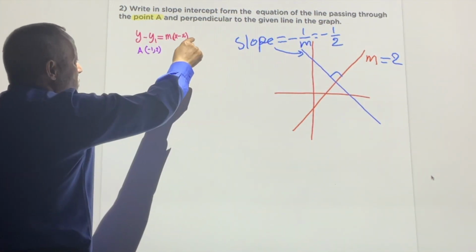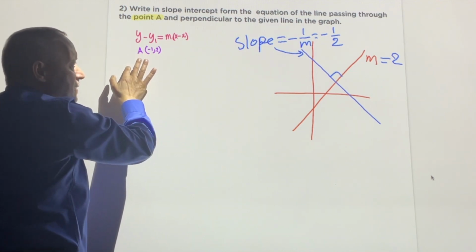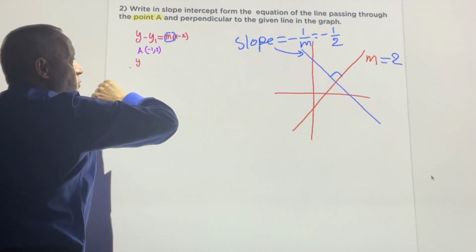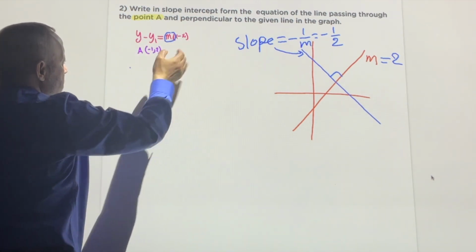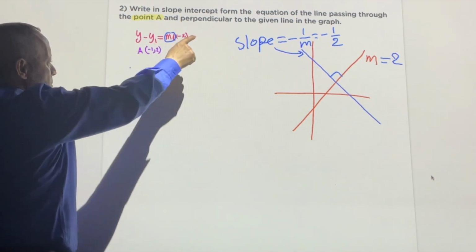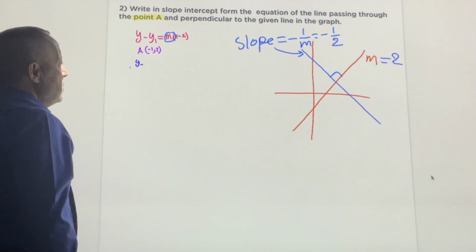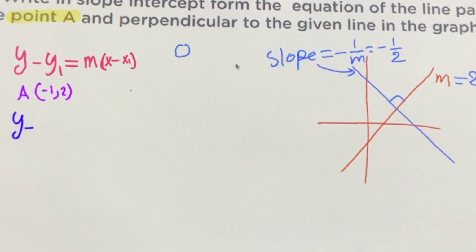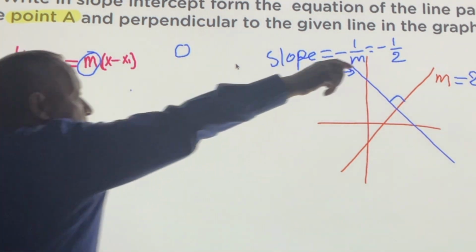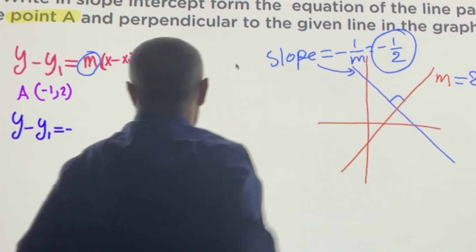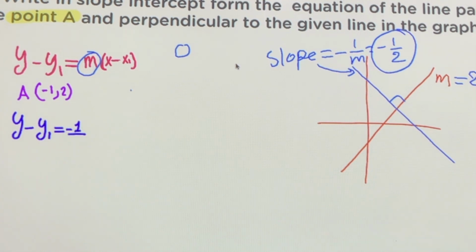So we write this equation again, and instead of the slope, we put negative 1 over 2. That's it. Copy this equation as it is. Your formula: y minus y1 equals, so our slope for the perpendicular would be negative 1 over 2 times x minus x1.